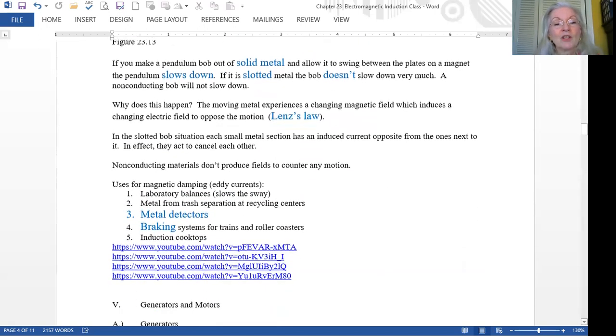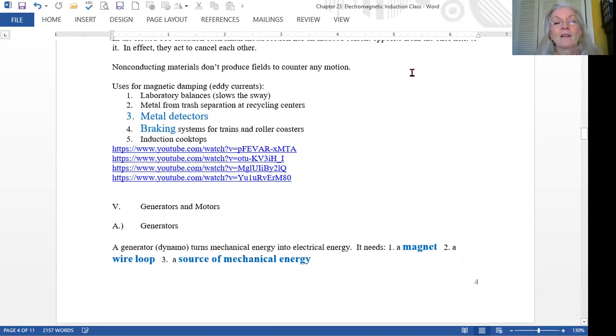So what are some of the uses for these eddy currents? We use them for what's called magnetic damping, and you can use them in the laboratory to have a balance slow down the sway. We don't have them in the physics lab, but sometimes in the chemistry lab, the old-fashioned balances would use it to zero out quickly.